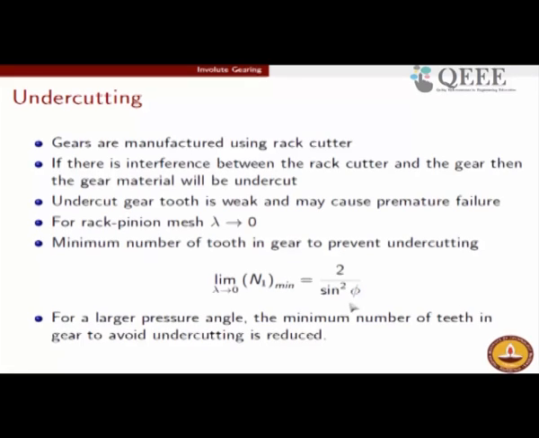But one thing is for sure, that the minimum number of teeth for a 25 degree pressure angle gear will be lesser than for a 20 degree pressure angle, and as such the requirements will be less stringent. In that sense pressure angle is helpful in reducing the requirements in terms of undercutting.